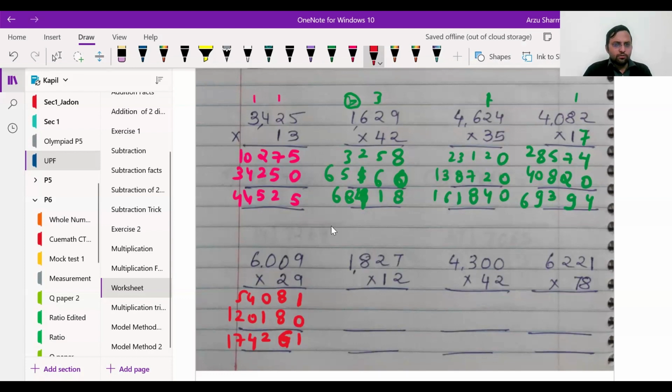Next one. So let's see. Zero, 7,281. Yes, Sujal, this one is correct. 21,924. Next one. Zero, zero.